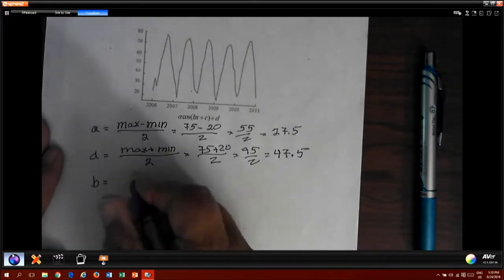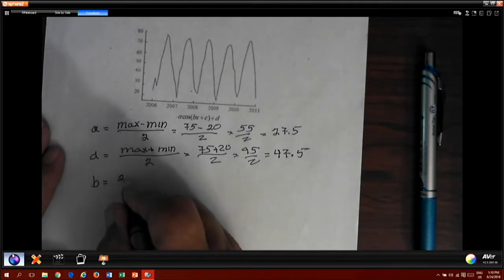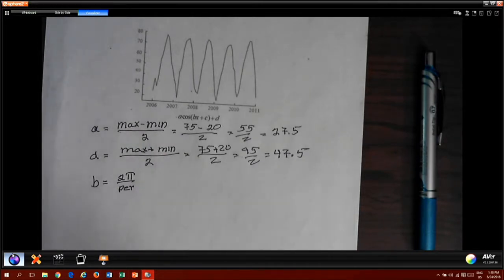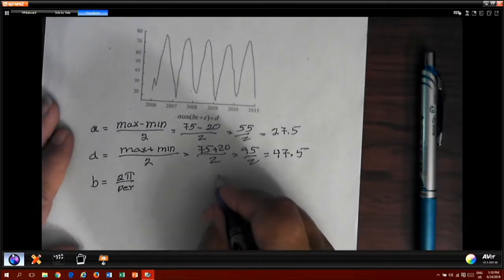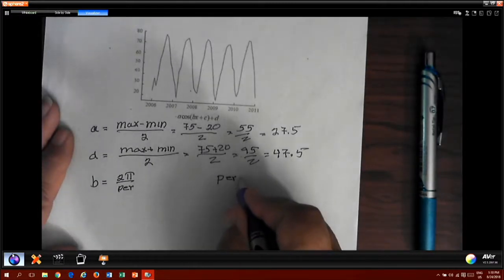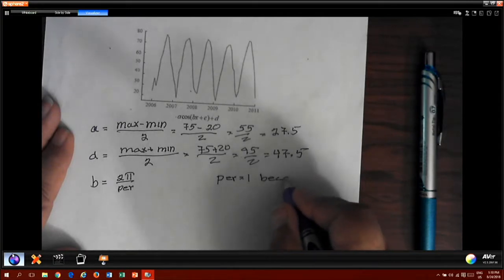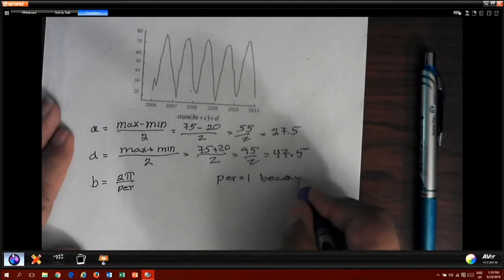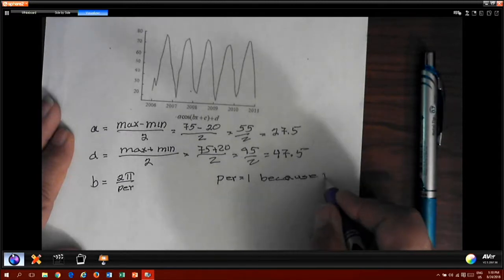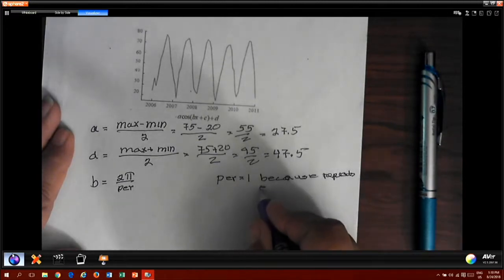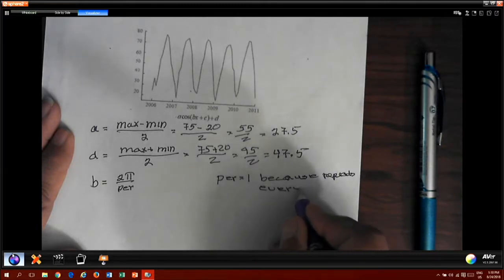B is 2 pi over the period. Well, in this case, the period is 1 because it repeats every year.